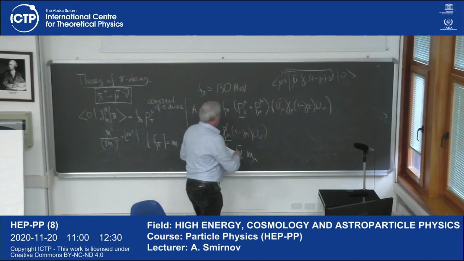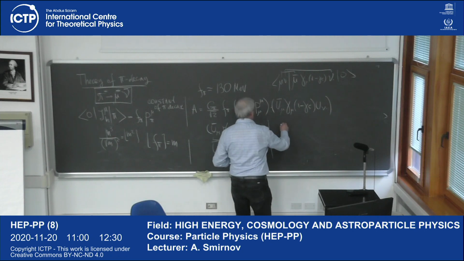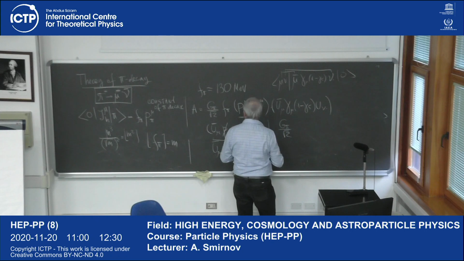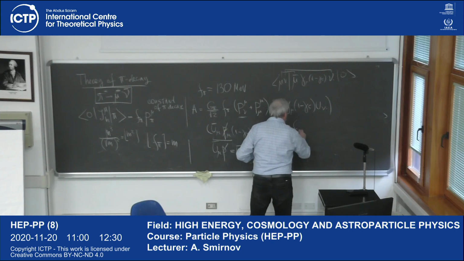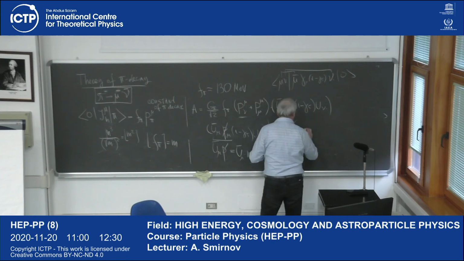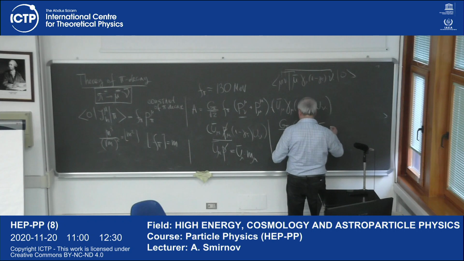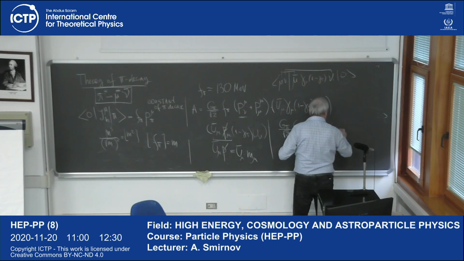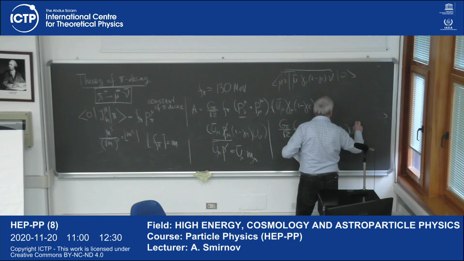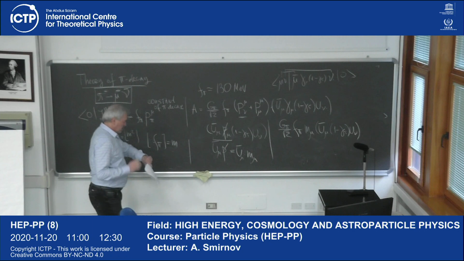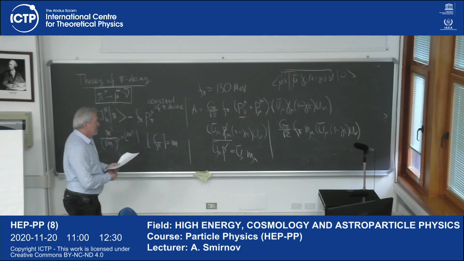So let me then conclude with this amplitude. It will be G_π over square root of 2, F_π, and then the mass of the muon, and we have here ū_μ (1 minus γ^5) v_ν. Okay?